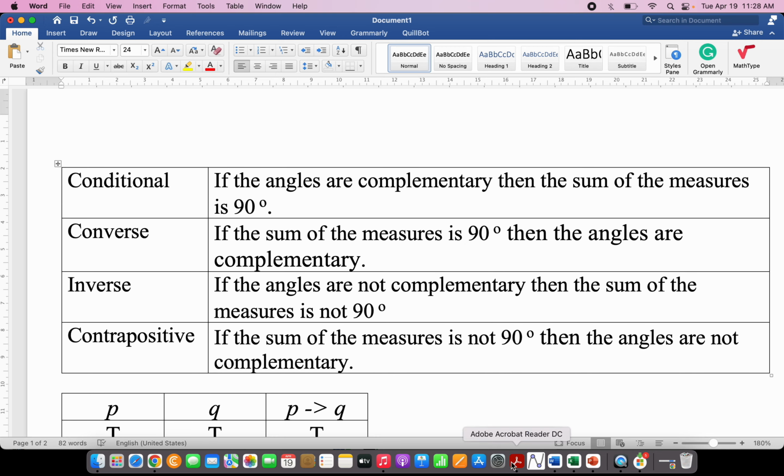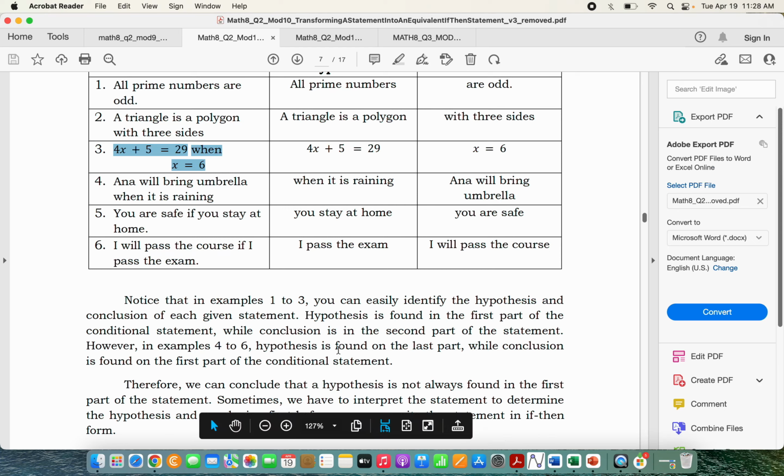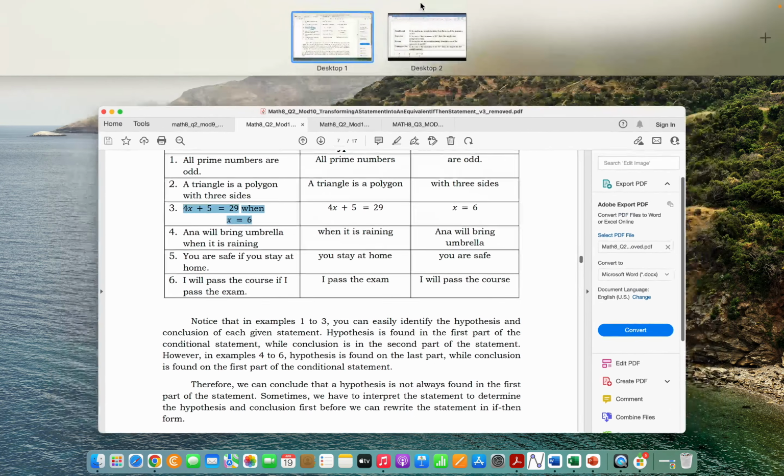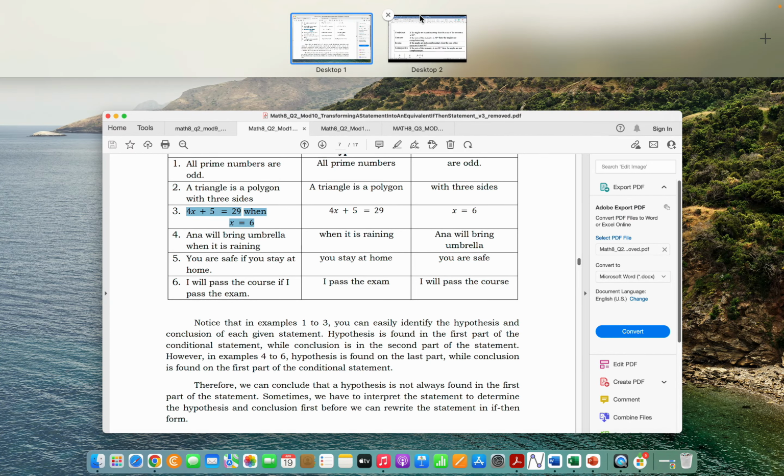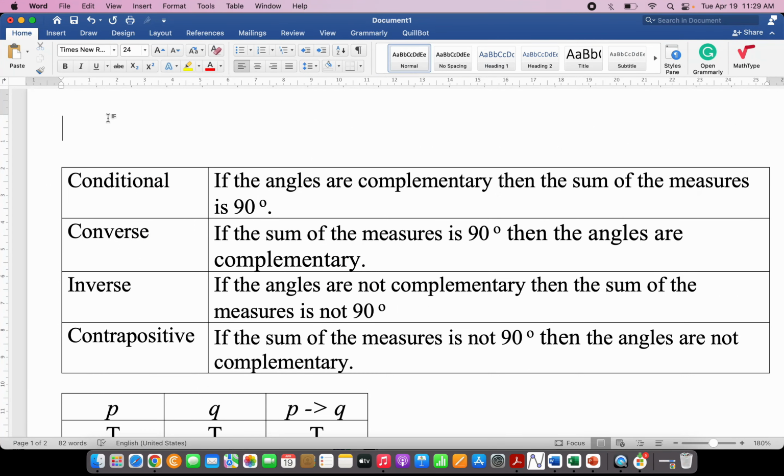If 4x plus 5 equals 29, then x equals 6. So 4x plus 5 equals 29, tama ba? When x equals 6.